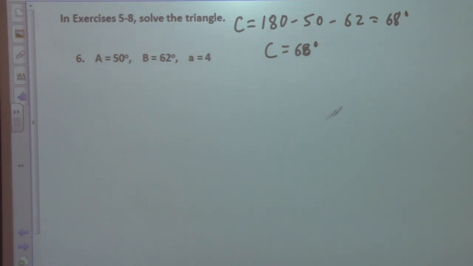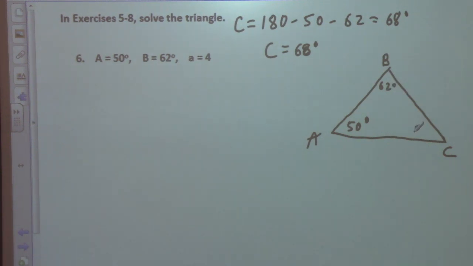And really, as far as what this thing looks like, these angles are all kind of close to 60 degrees, so it's going to look roughly like an equilateral triangle, right? So A, B, C. And so here you have 50 degrees, here you have 62 degrees, here you have 68 degrees, and then you know this side here, little a, is 4.